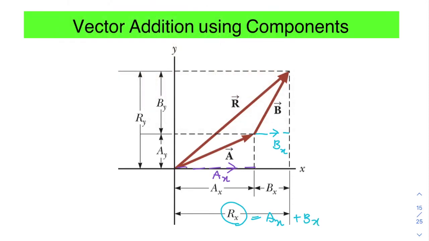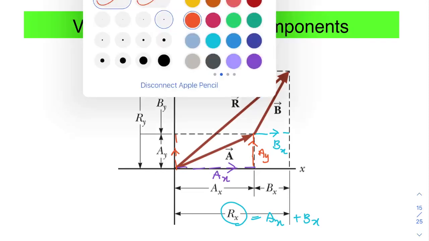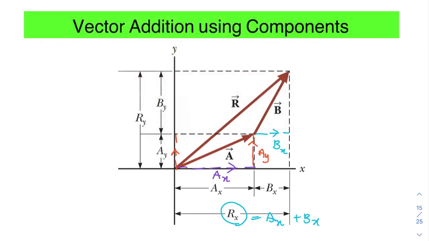And then for Ay, it's here. This is Ay. You can shift it to this, and for By, it's here.